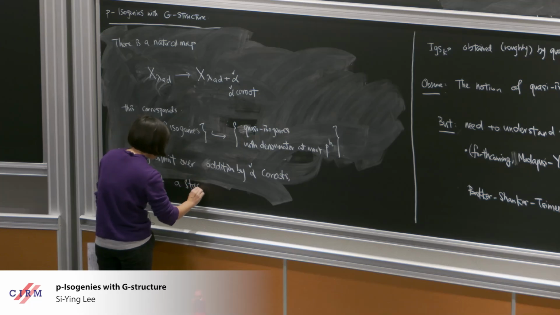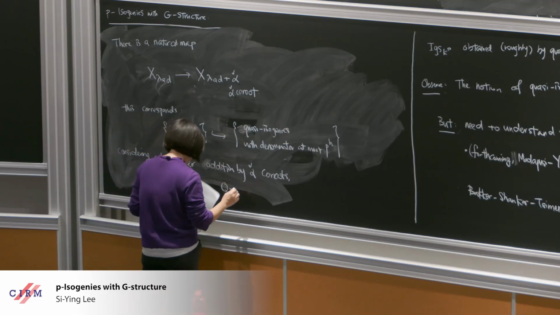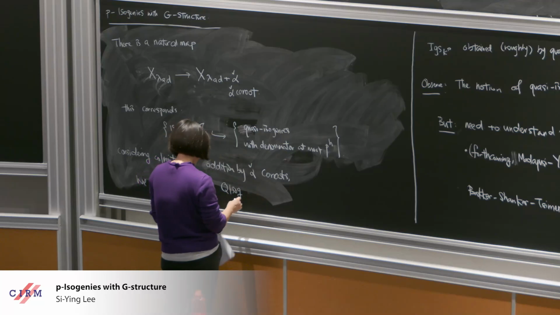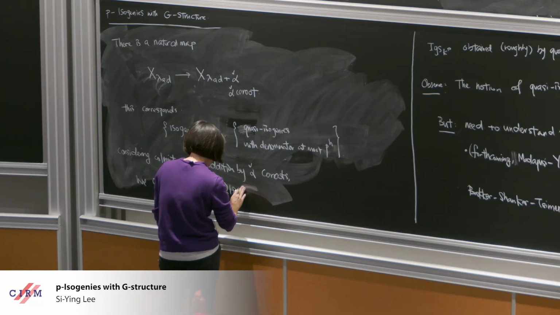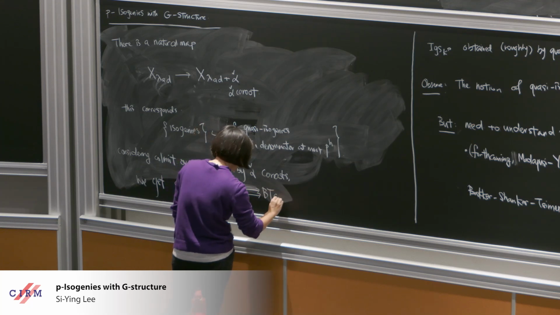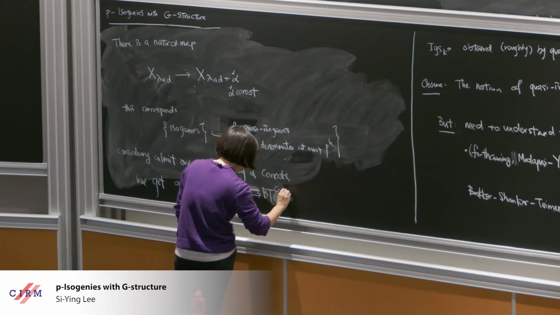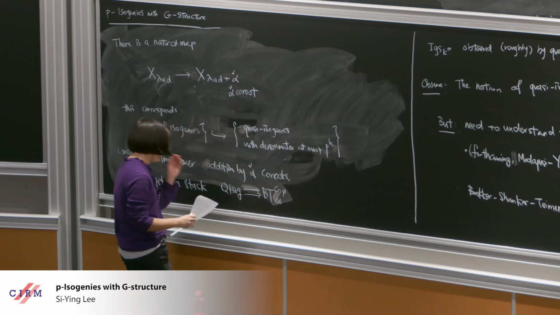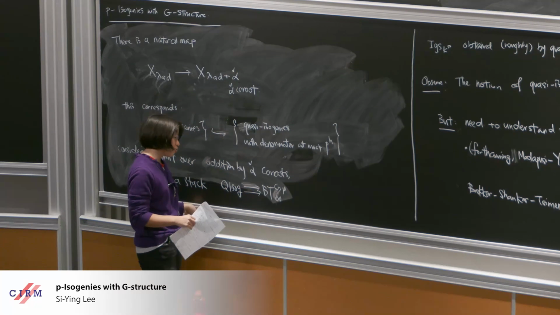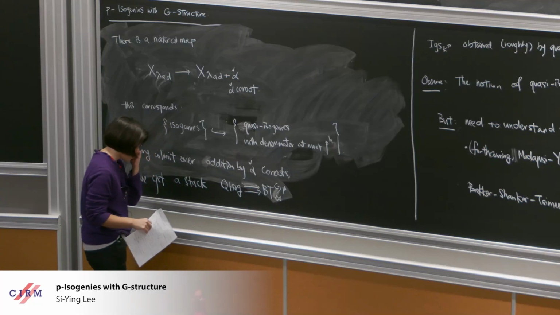I'm going to call this Q_isog over this BT G_μ infinity. If you take this colimit over this construction, you get a space that we call Q_isog.